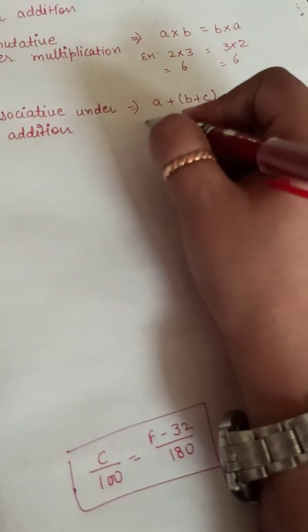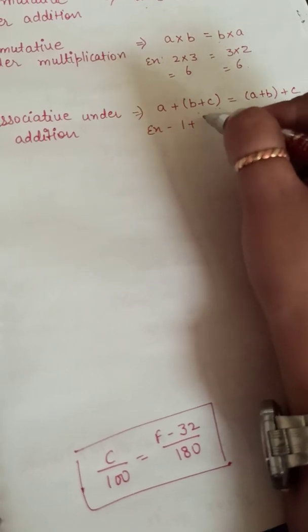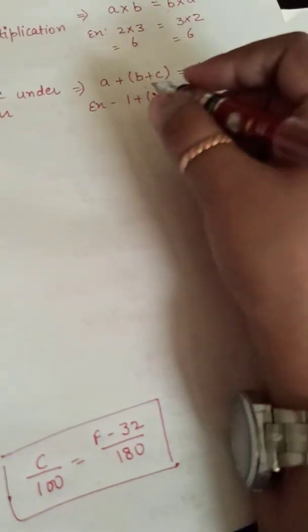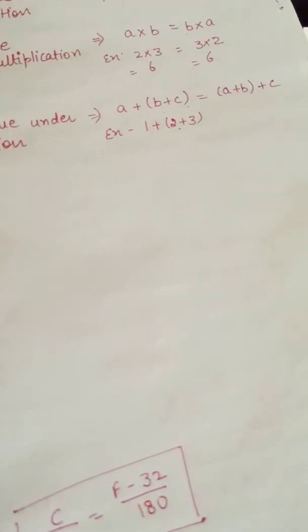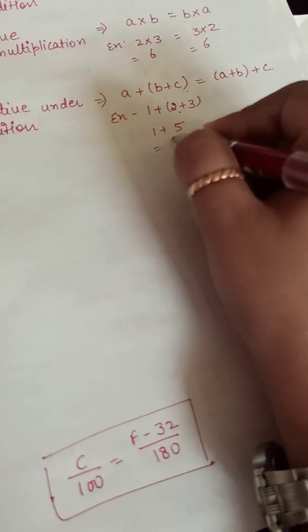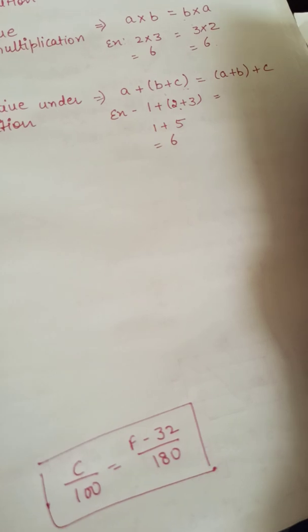Clear? Like the first example, 1 plus 2 plus 3. We will go to the easiest example, 1 plus 2 plus 3. So this will be 1 plus 5, then equals to 6. Same number will be same.